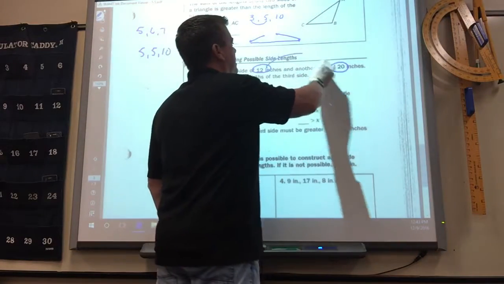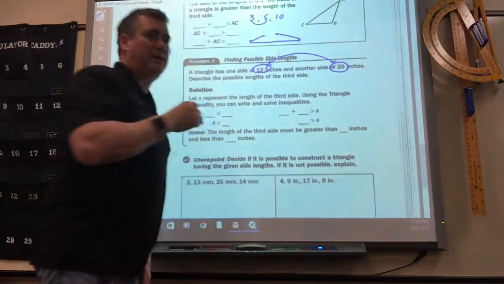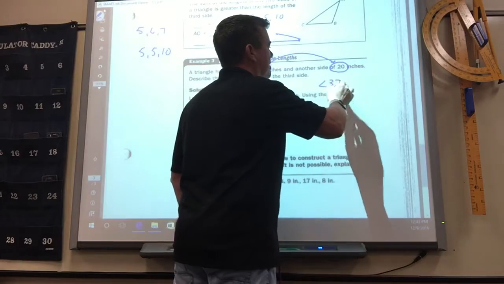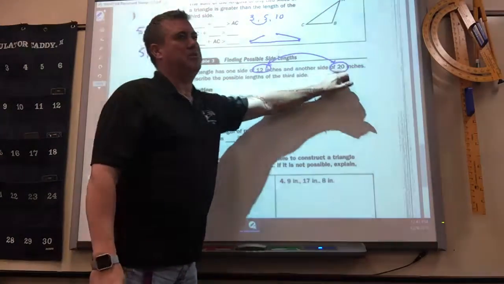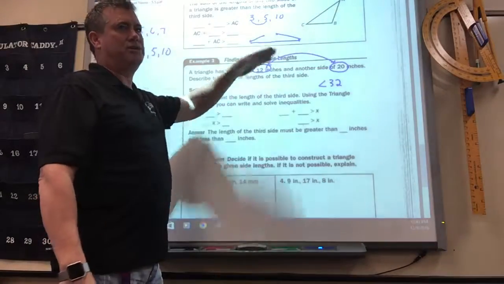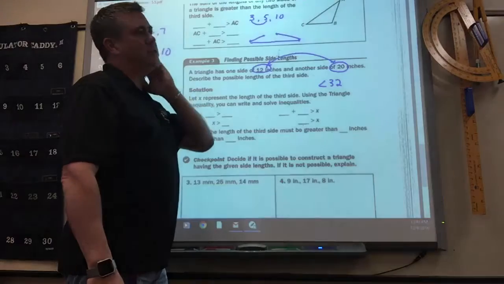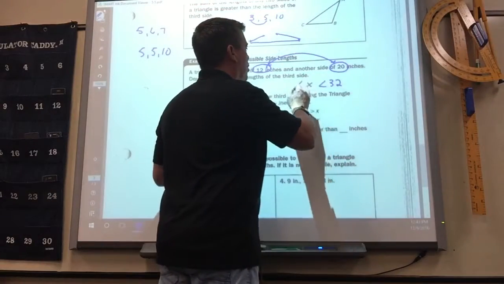It has to be greater than 32. No, these got to add up to more than, right? So it's got to be less than 32, right? Yeah. Because these add up to 32. If it was exactly 32, it'd just be 2 straight lines. So it's got to be less than 32 and more than what?